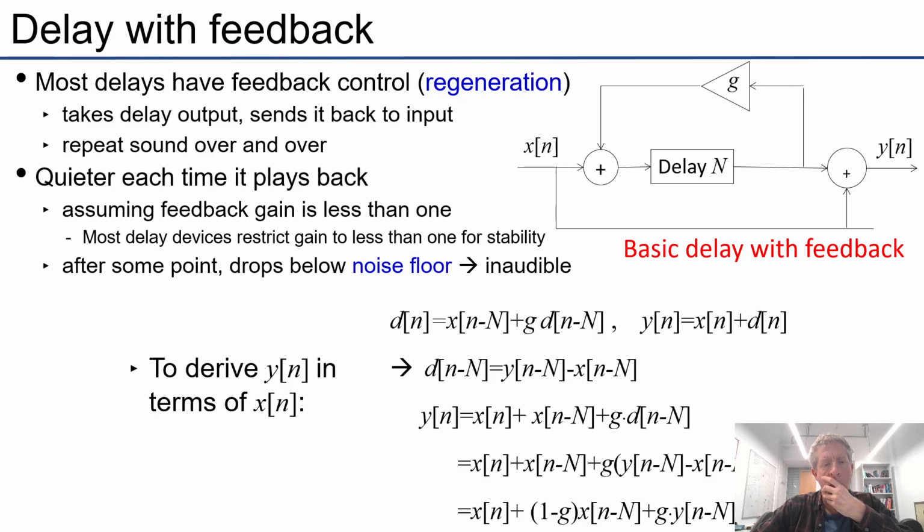And if that gain in the feedback loop is large enough, then you get just the same sort of unstable and unbounded feedback as you can have when the gain is greater than 1 here. So we would like to be able to derive the output in terms of input.